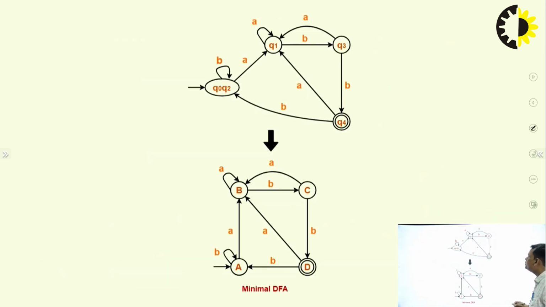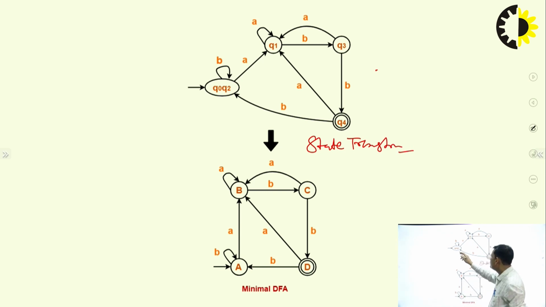This is the state transition diagram. Q0 and Q3 are one state.